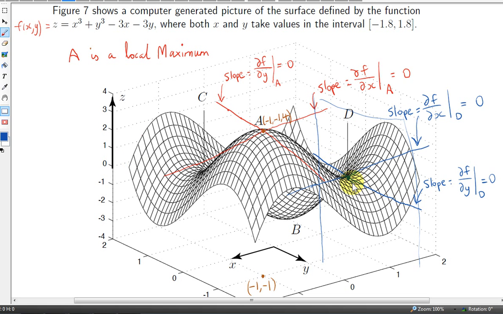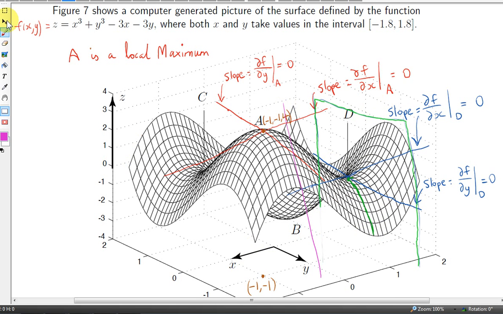We would see one of these curves here. We might see this curve here. This green curve is the intersection of the plane with the surface, and its local maximum is at D. Next, we could consider a vertical plane which is parallel to the XZ plane.